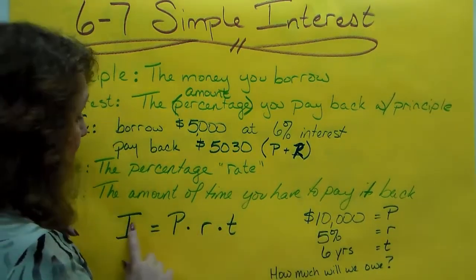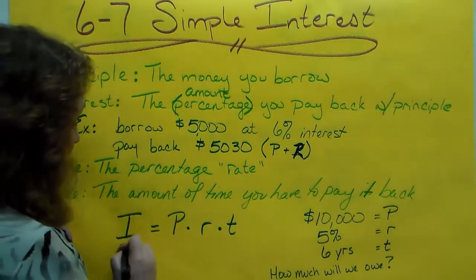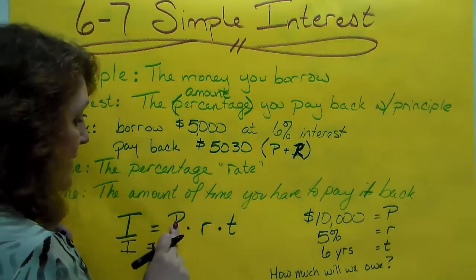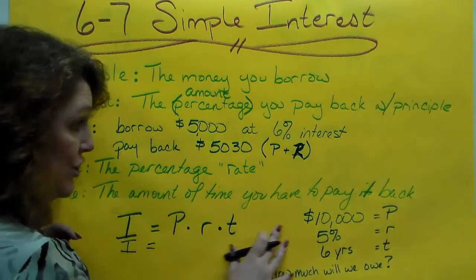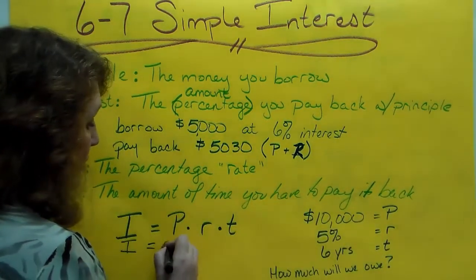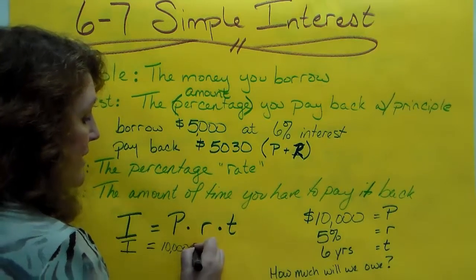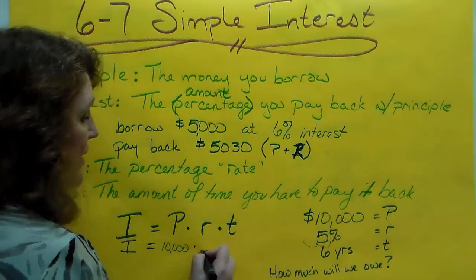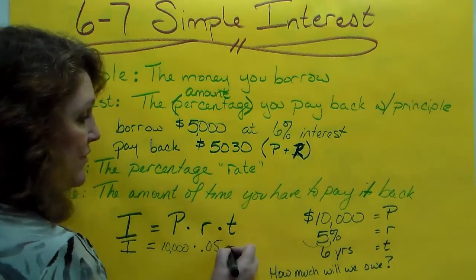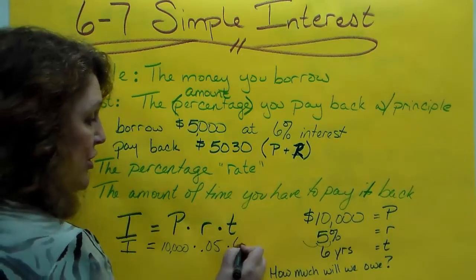So if they're asking for the interest, your interest is going to be principal times rate times time. And this is my favorite way because you don't have any division. So we're going to say the principal, which is $10,000, times the rate, which is the decimal 0.05, times the time, which is 6 years.